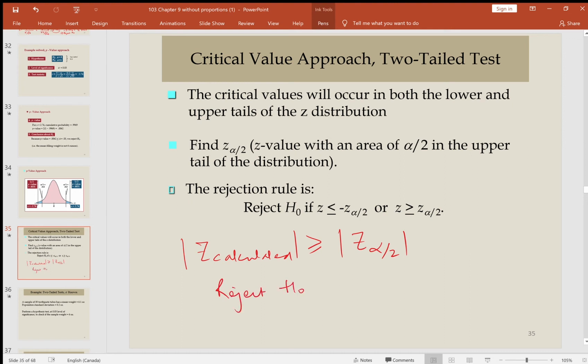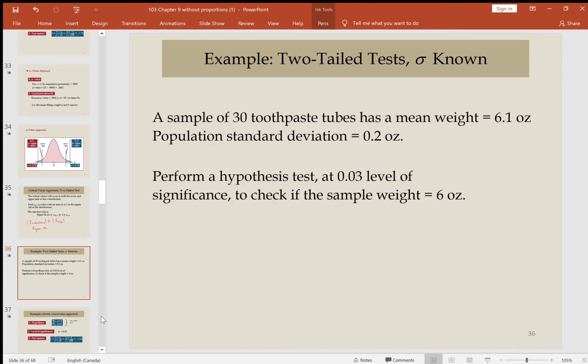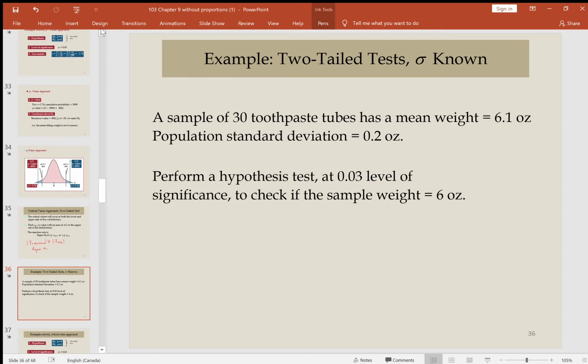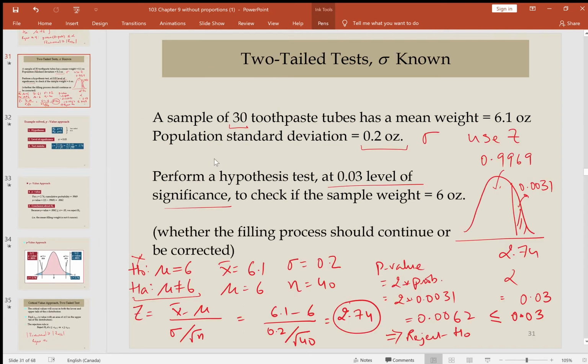Okay, so let's go back to our question and do it. A sample of 30. Oh, did I make a mistake? Did I say it's 40 here? Oh yeah, I'm sorry. So can you just make a correction here? It says a sample of 30 toothpaste tubes, and I think I made an error here.